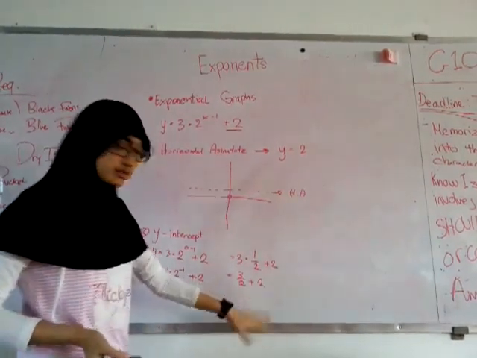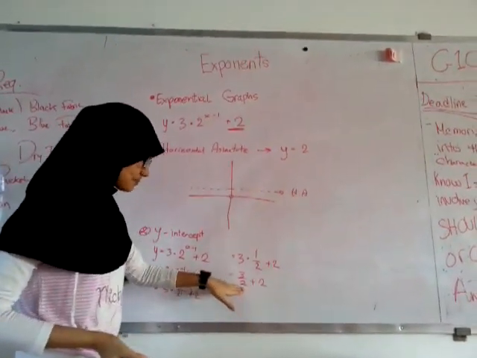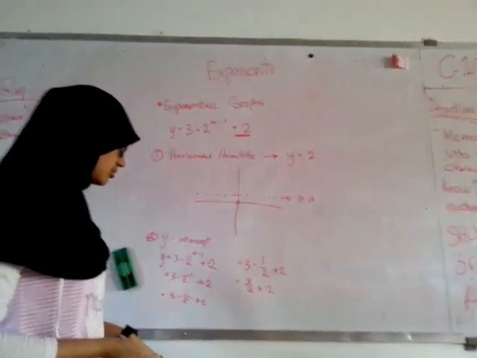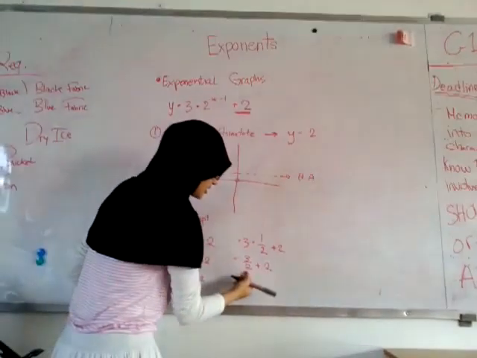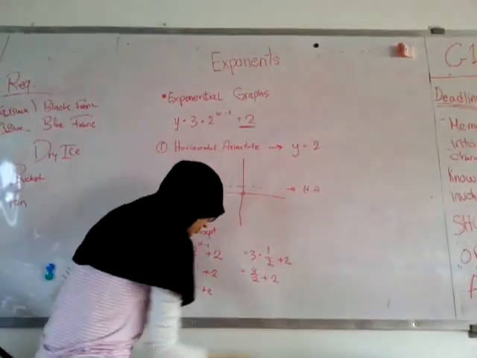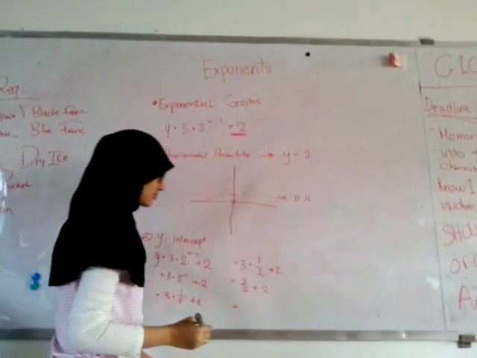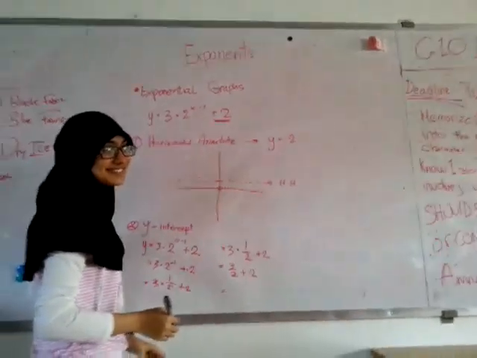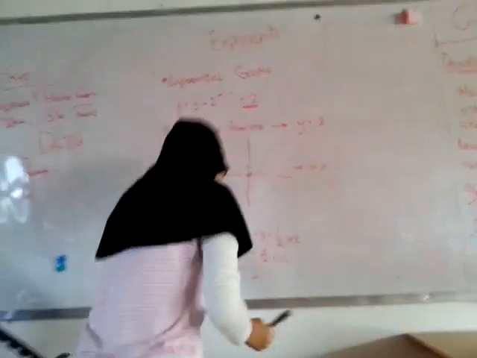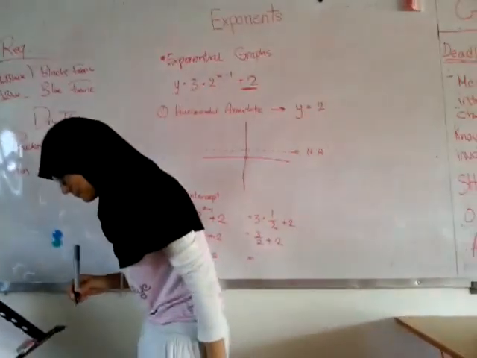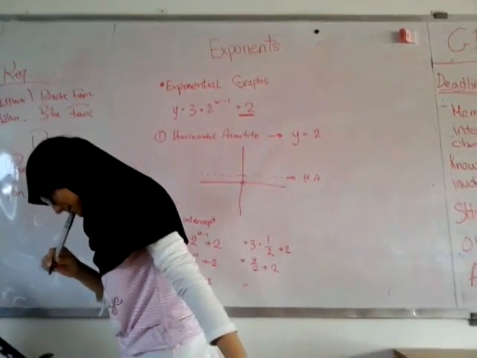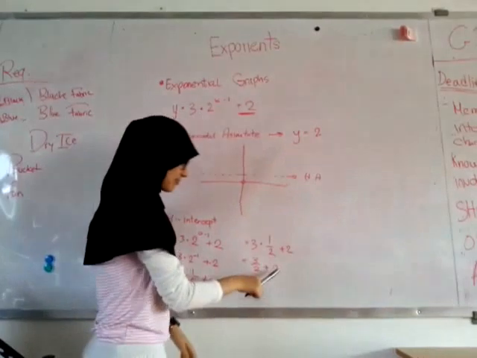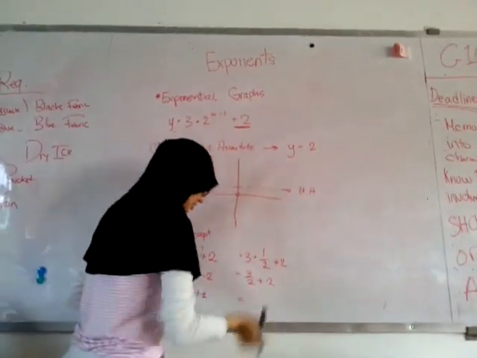In order to add them, you need to have the same denominator. How do you get the same denominator?